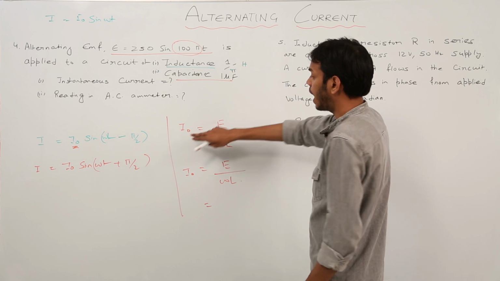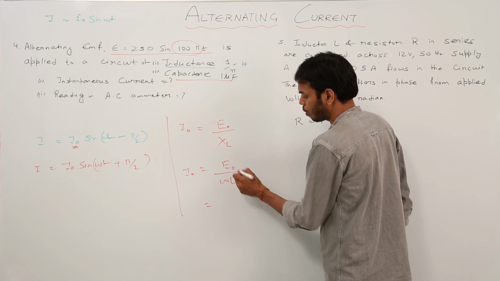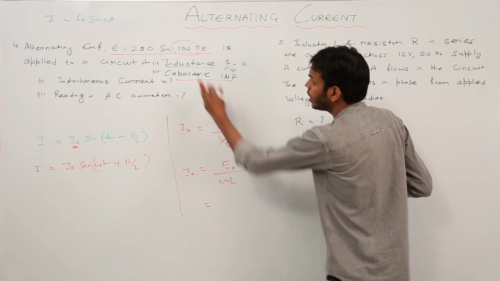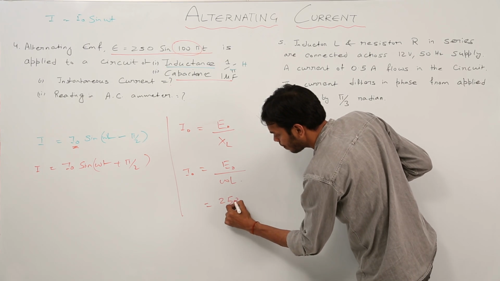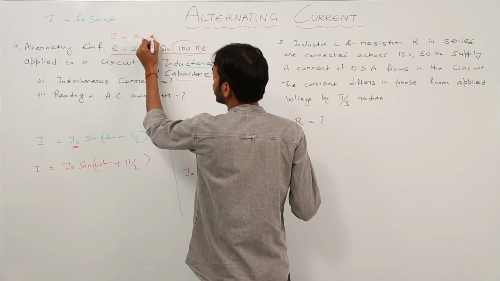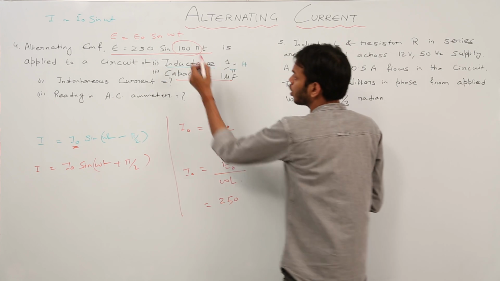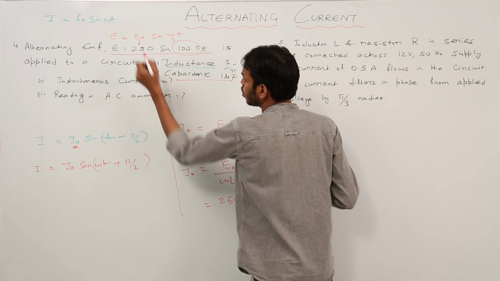Another thing, I naught is E upon XL or E naught upon XL? Yes, it is E naught upon XL. So E naught upon omega L, E naught is 250. You have to just compare this equation with E is equal to E naught sine omega t. You would understand that omega is 100 pi, sorry, and E naught is 250.